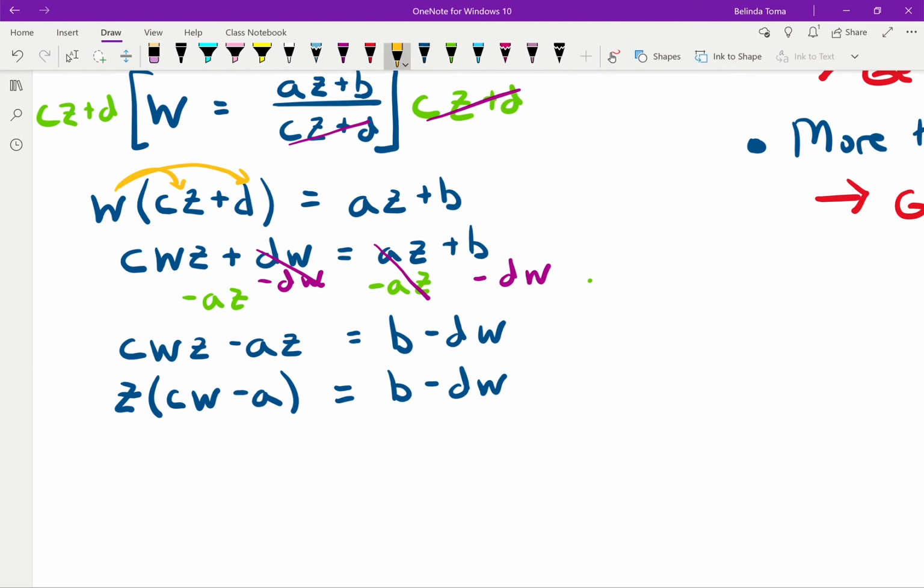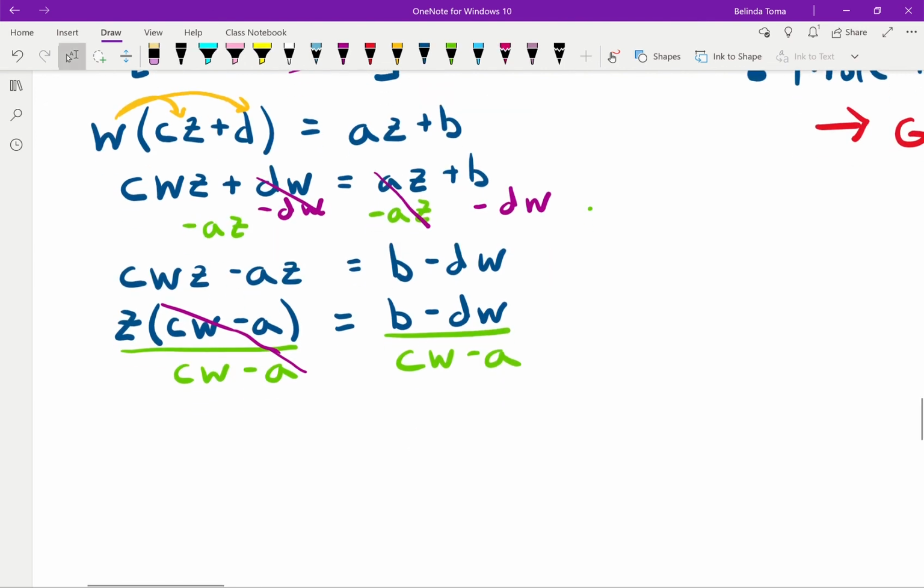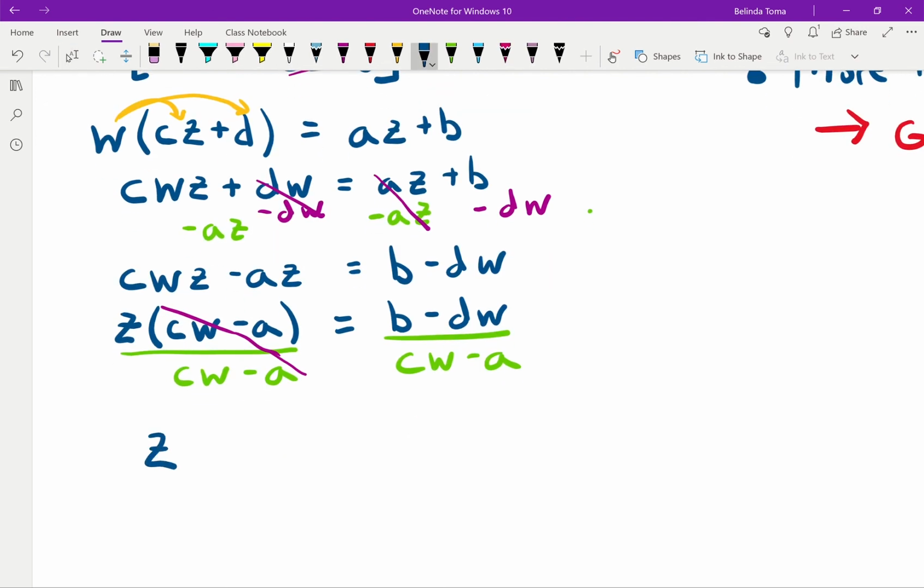So I am going to now divide both sides by the quantity of CW minus A. And magically, through the magic of algebra, I have my Z isolated, and it's equal to B minus DW over CW minus A.